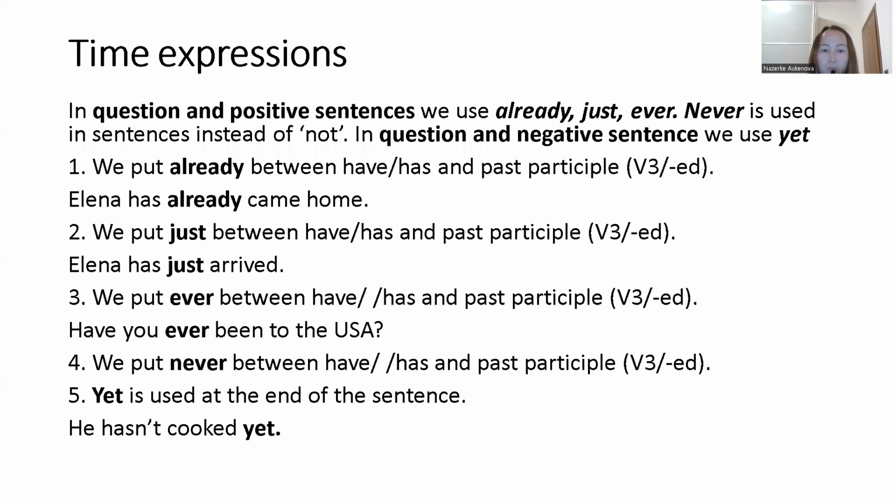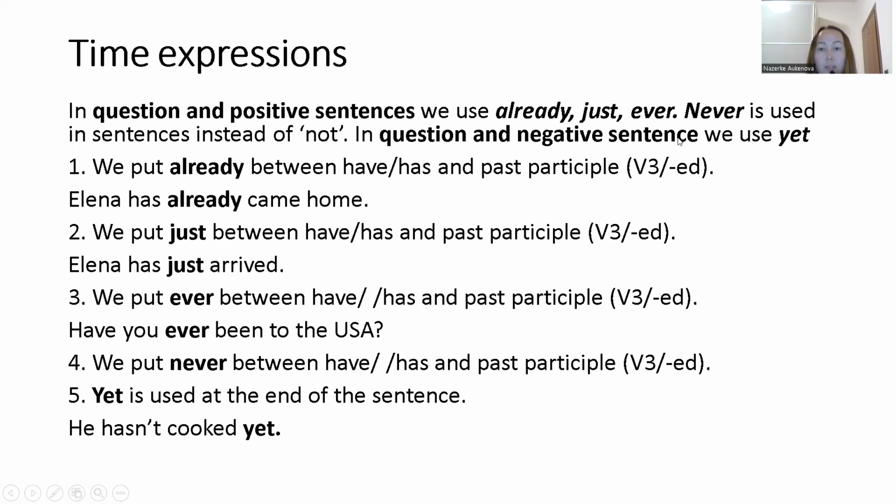Okay. What time expressions do we use in present perfect? In questions and positive sentences, we use already, just, ever. Never is used in sentences instead of not. So we can use never, and in this case we don't use not.